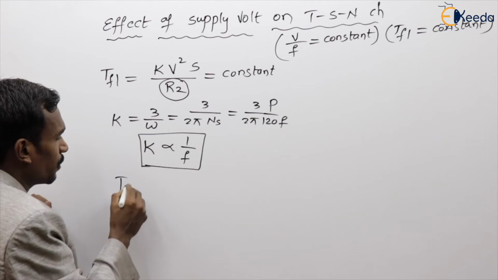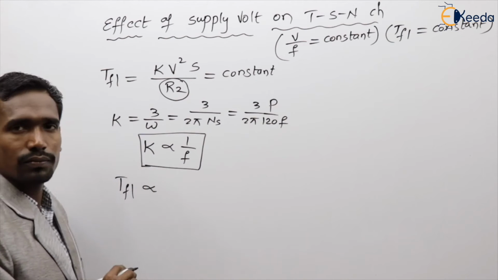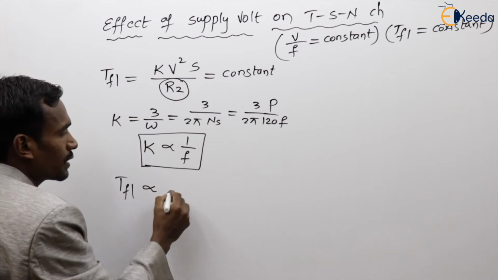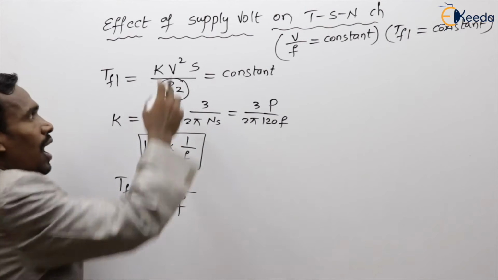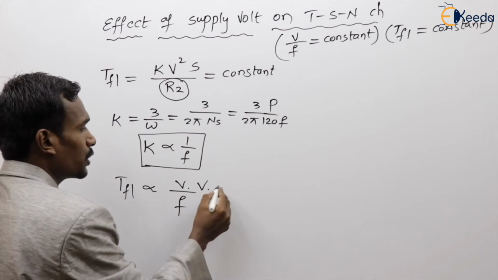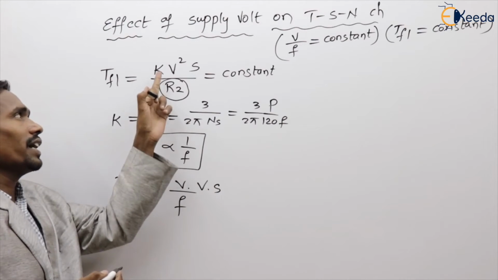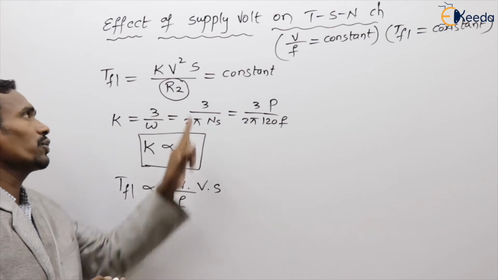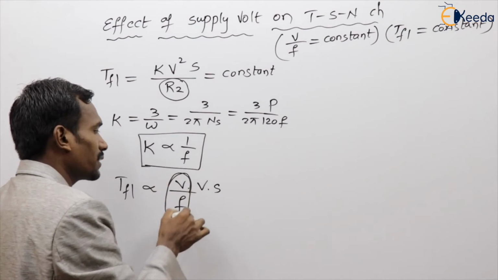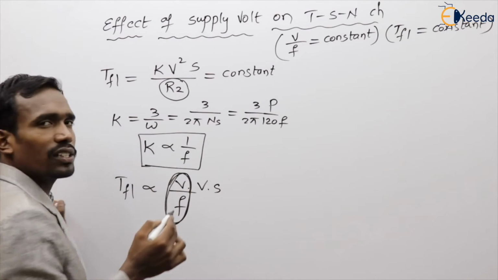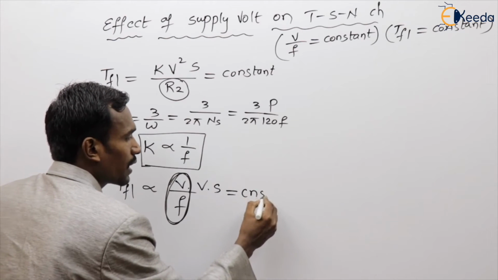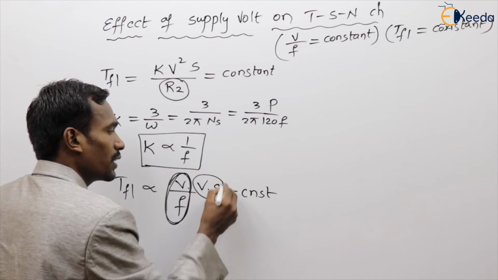So now the full load torque is directly proportional to R2, which is already constant, and K is 1 by F, V square is V into V, and S. V by F ratio is already constant. So to get full load torque constant, what is the condition?